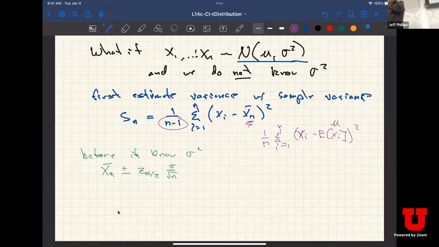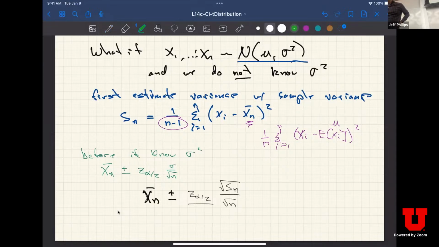The confidence interval in this case is Xn bar plus or minus something like z alpha over 2, but I'm going to fix this later, times the square root of Sn divided by the square root of n.